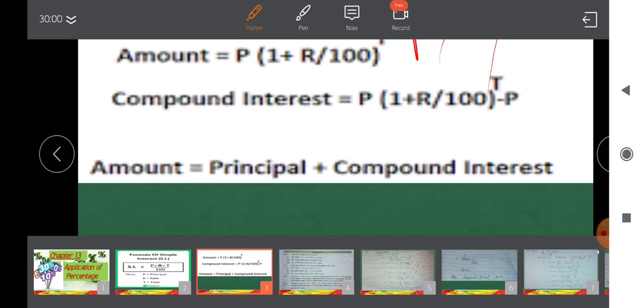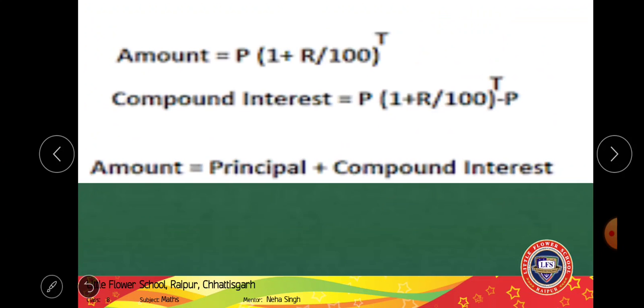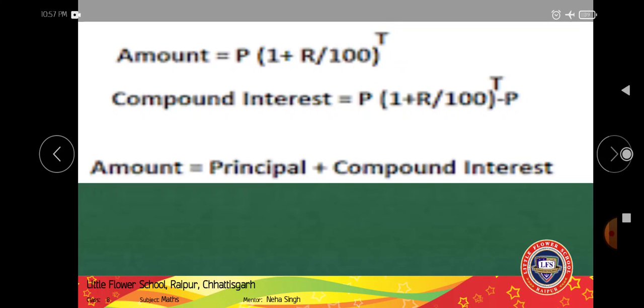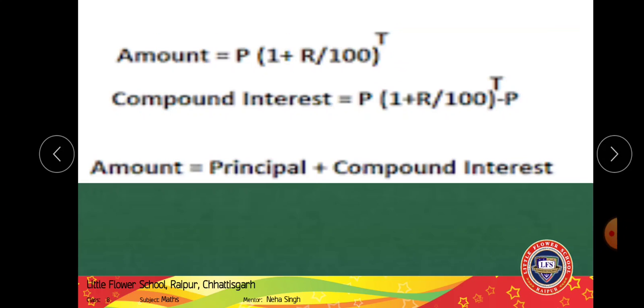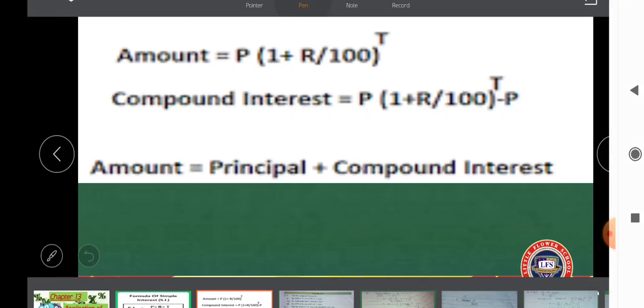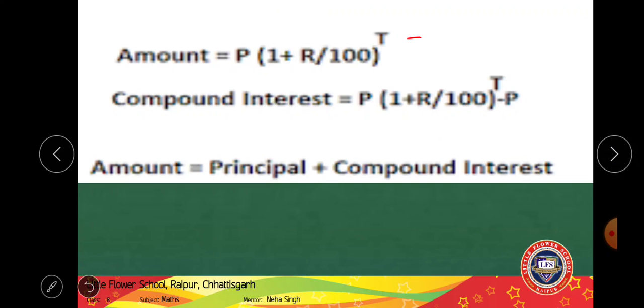The formula for amount, right, is P into 1 plus R upon 100, and the power is T. This is the new formula for you, right?